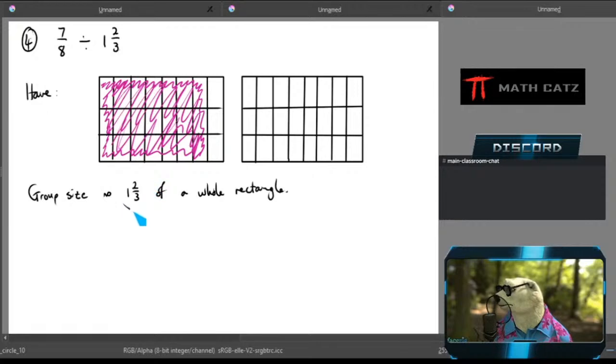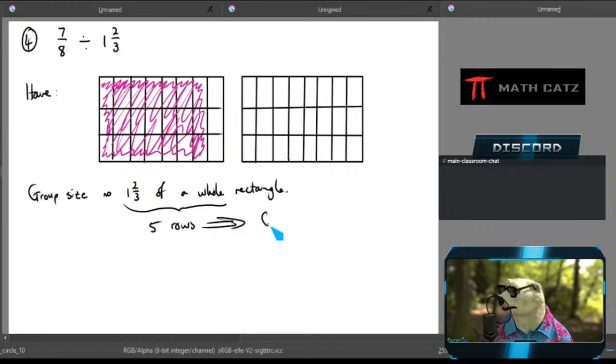So now I can see, okay, this means one whole rectangle has 3 rows, and then 2/3 of another one, that's 5 of the rows. That is a whole bunch. 5 rows. Each row contains 8, right?